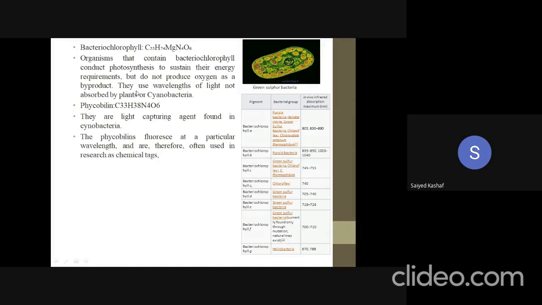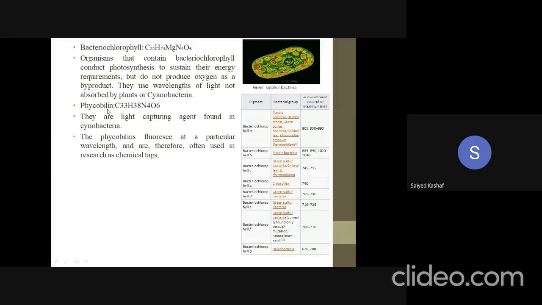The wavelengths of light absorbed by bacterial chlorophyll do not fall under those of plants or cyanobacteria, meaning they absorb the infrared region of the spectrum.